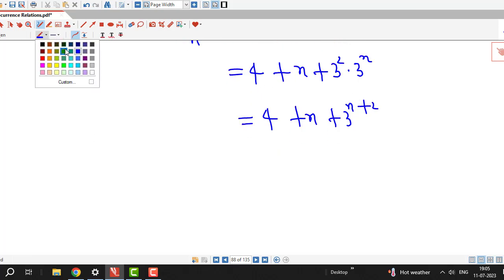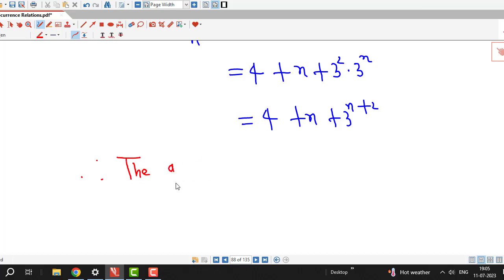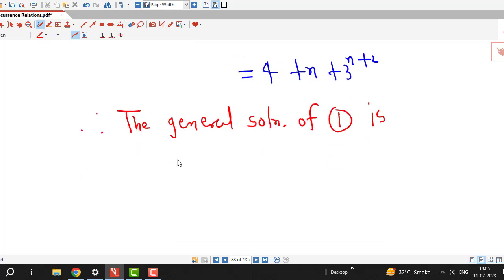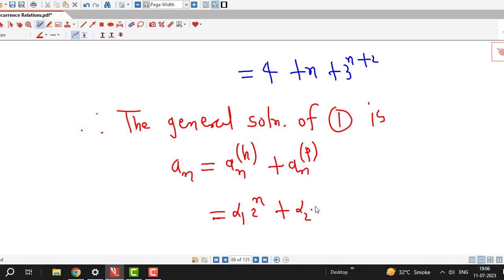Now once we obtain the particular solution and a_n^H, that is the solution of the homogeneous recurrence relation, we can write down the general solution of the given recurrence relation. The general solution of the given recurrence relation, denoted by 1, is a_n equal to the addition of a_n^H and a_n^P. Our a_n^H was alpha 1 into 2 raised to n plus alpha 2 into 2 raised to n into n.